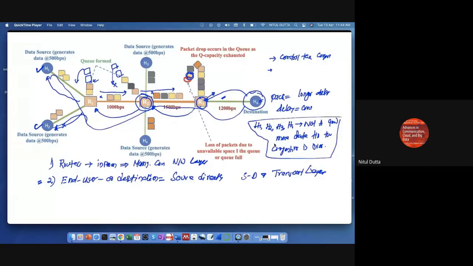So in short, this congestion is taken care of in two different layers. One is in the network layer, another is in the transport layer.